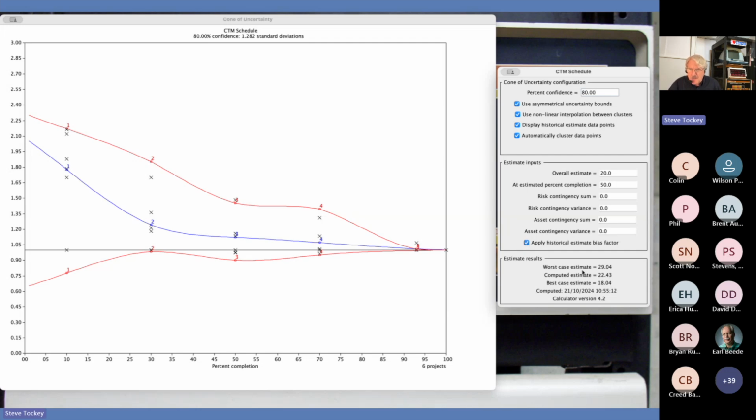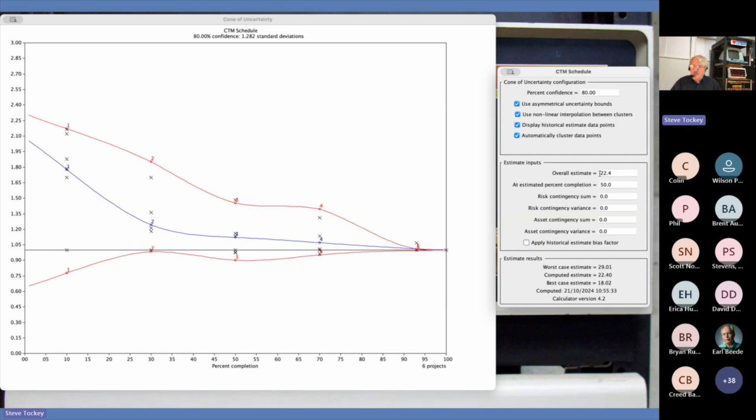Maybe my true estimate now really is the 22.43. But if I put in 22.43 here, oops, it tries to unbias that. That's not what I want. I don't want it to do the unbiasing. I'm doing the unbiasing.